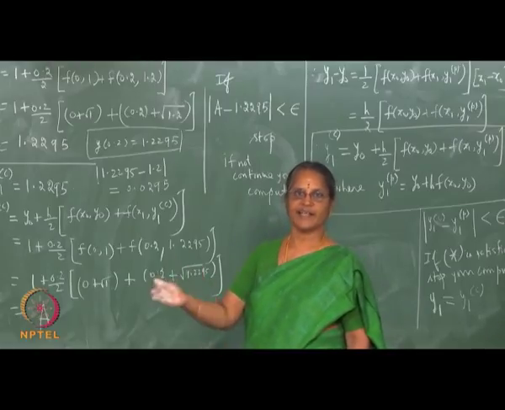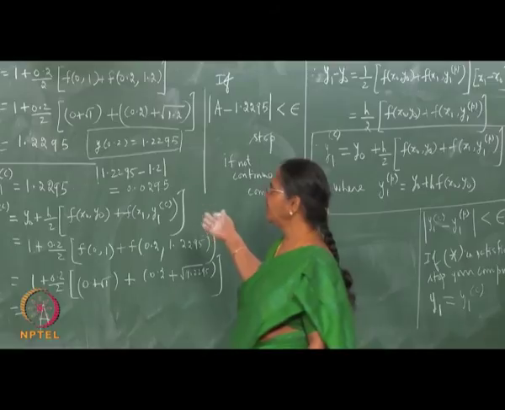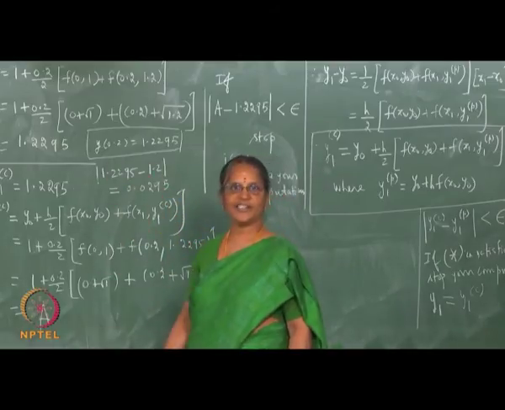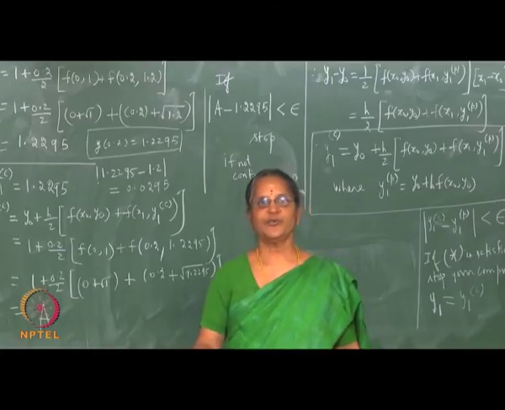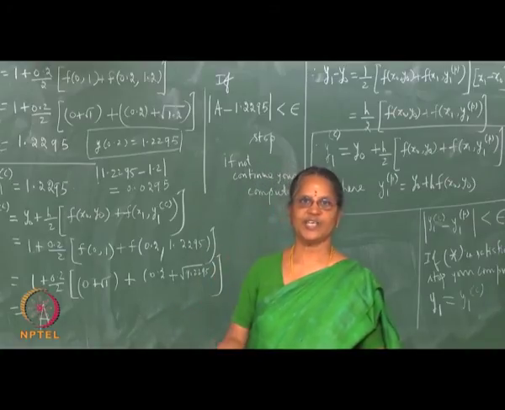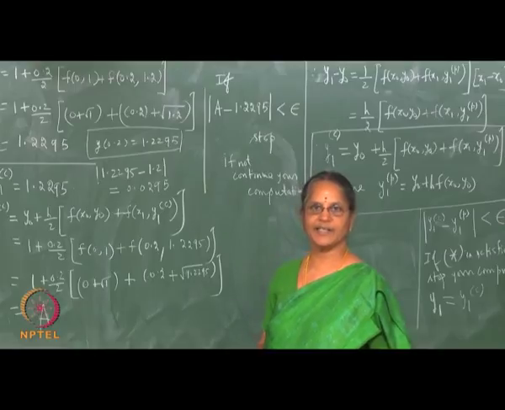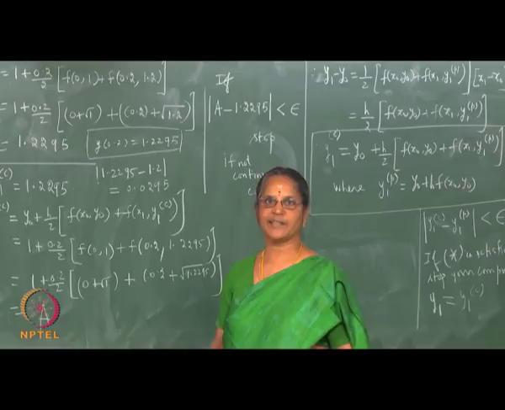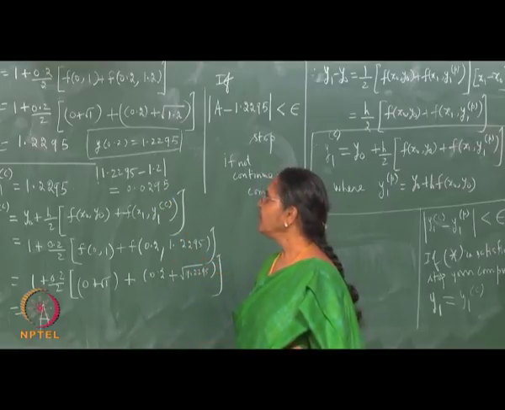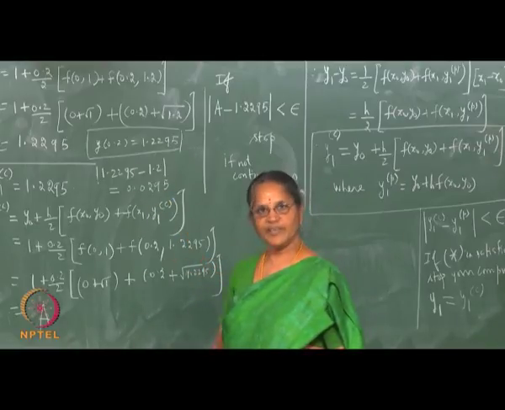One predictor corrector method has already been obtained, namely modified Euler's method. That was not our intention, but we observed that it could be very nicely used as a predictor corrector method. So, we shall develop other methods which are predictor corrector methods for solution of initial value problem in the next class.